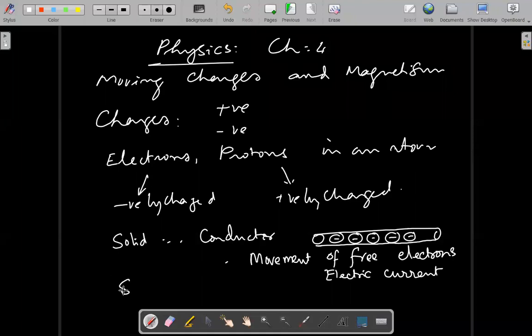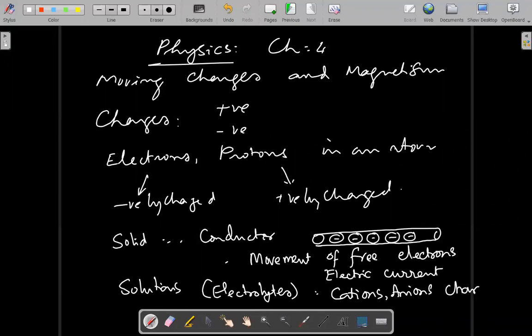Whereas in solutions, for example, if you are doing electrolytes, electrochemistry, there will be cations and anions. Those are actually the charges moving inside the liquid, inside that particular solution. So they also constitute the electric current.